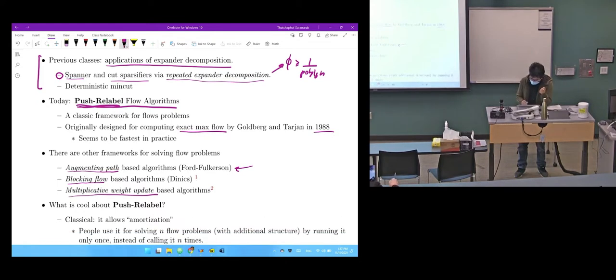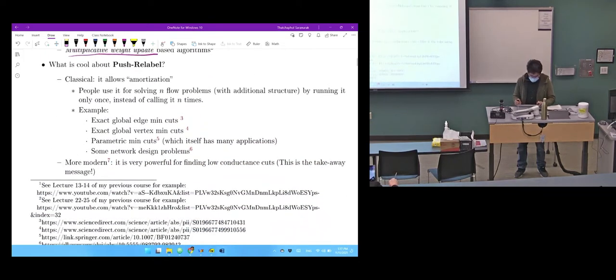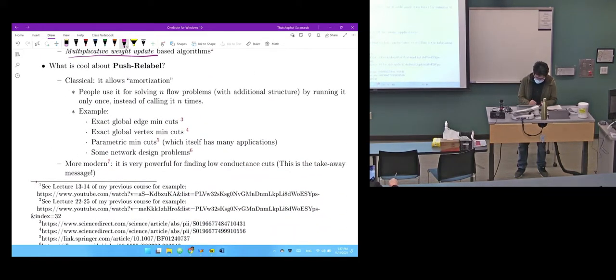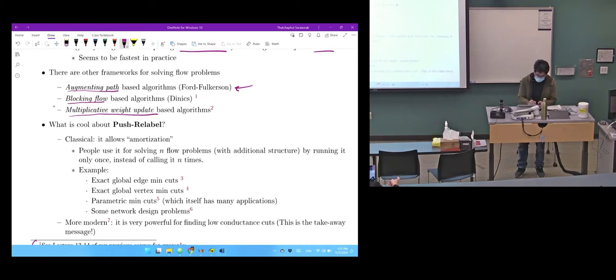If you haven't seen this, I taught it in my previous class, so you can have a look if you want to. It's quite nice, and it's quite simple and similar to the push-relabel that I'm going to talk about today. It's just that push-relabel is more flexible. It seems to be more powerful to me. But this thing is conceptually quite simple and nice. This thing is also very nice.